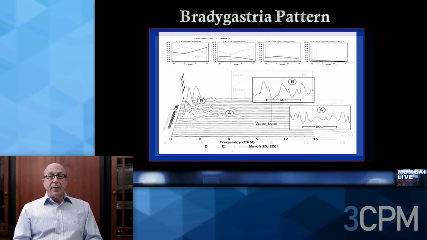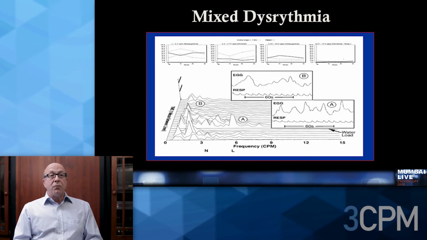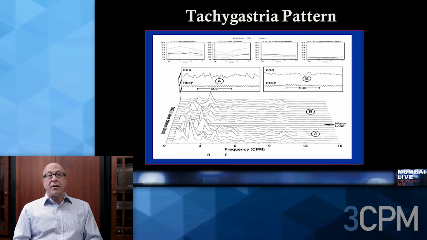Similarly, if we look at mixed dysrhythmia, you will see in this particular figure, not only is there increased bradygastria above the normal broken lines, but there's also increased tachygastria, and this is very common, and we see this a lot in the refluxing patient. Finally, there's another pattern known as tachygastria, where it's in the higher frequency we see the stomach begin to almost overcontract or overly react, almost like fibrillation with the heart.